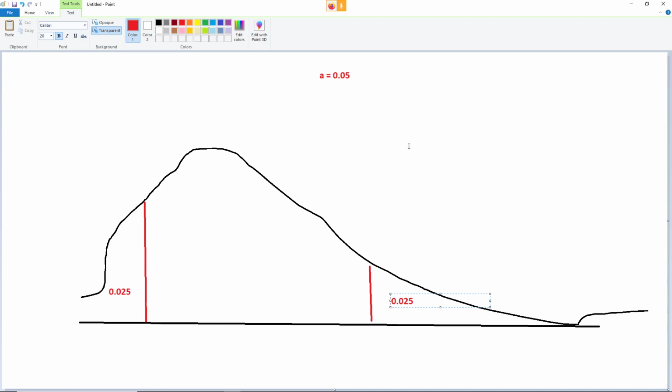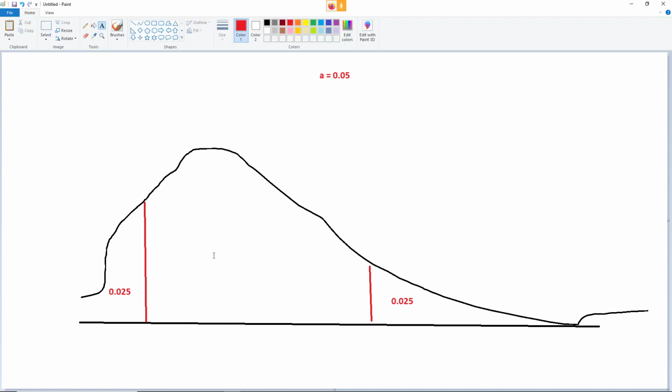So now here's a game you gotta play. Let me draw a picture.